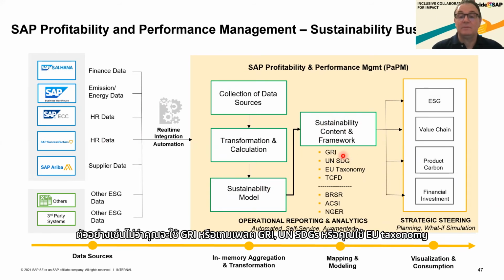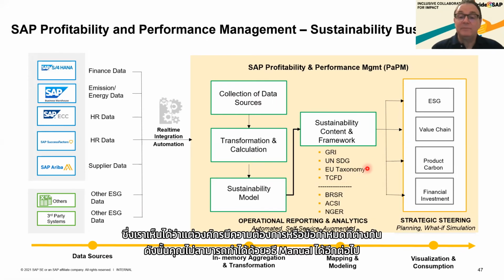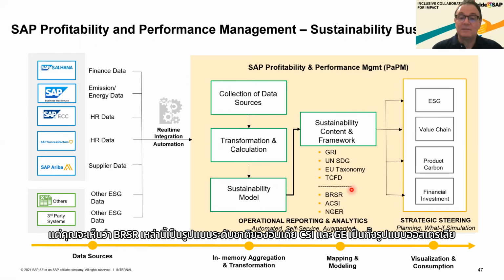For example, whether you're using GRI, so there's a GRI template, there's a SASB template, whether you're using EU taxonomy, there are different formats that we see being required by the organization. So you can't really do it manually anymore. But also you'll see BRSR is an Indian national format, ACSI and NGE are both Australian formats.